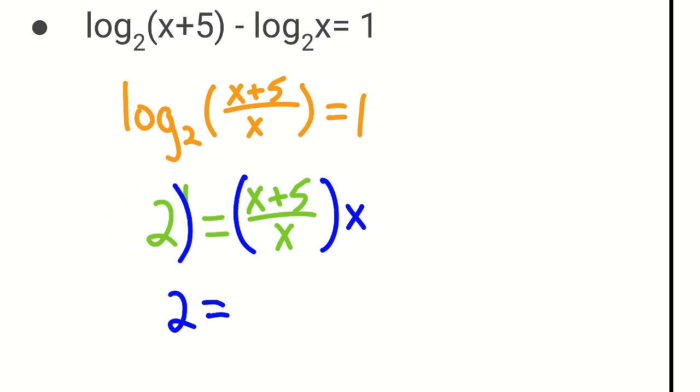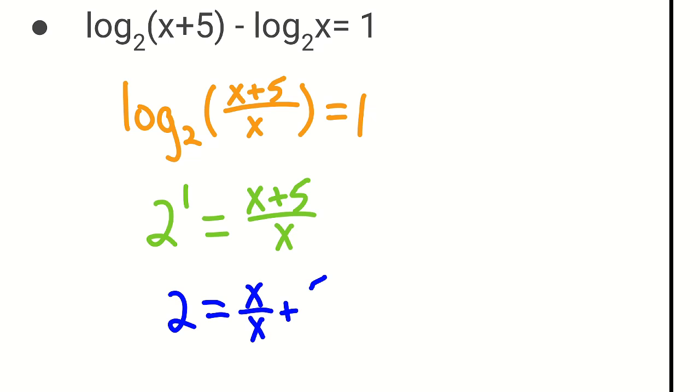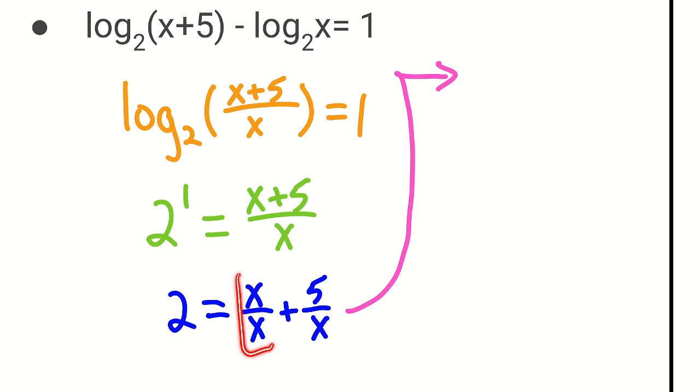So instead, maybe what we need to do is to break this apart into 2 fractions. x over x plus 5 over x. Now we're getting somewhere. The reason why that was valuable is because x over x is just 1. So we have 2 equals 1 plus 5 over x.